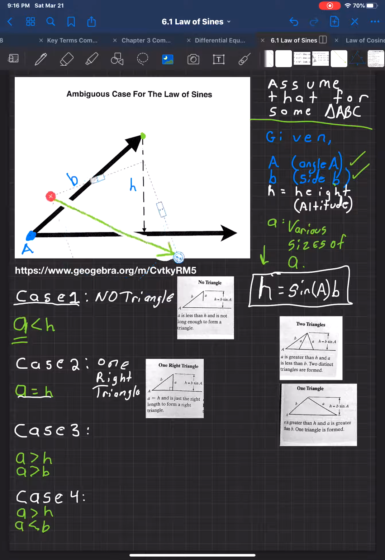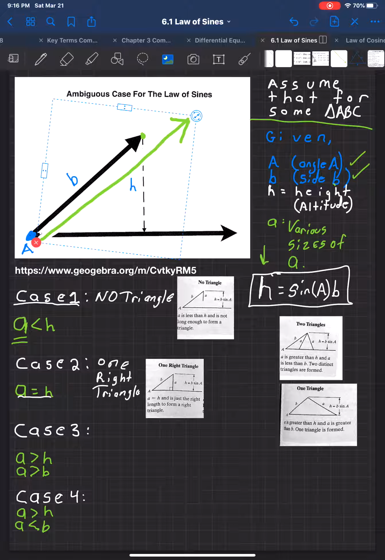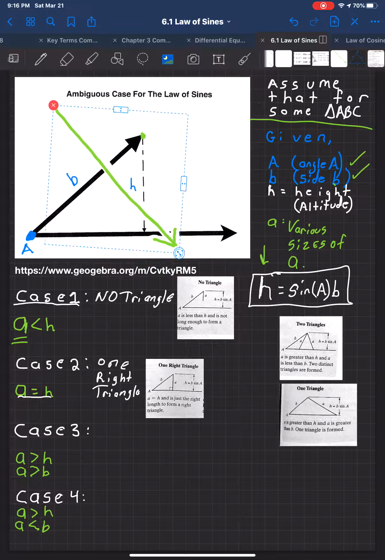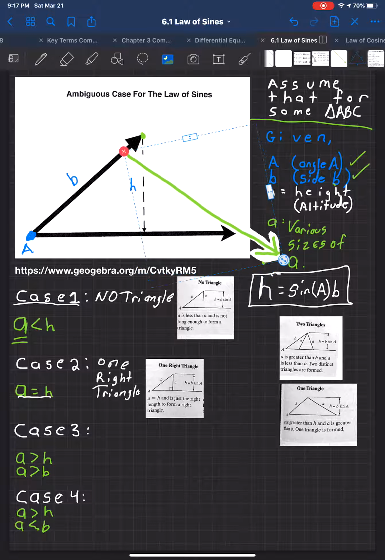I'm going to do my best here. I have no idea if this is going to work out. So clearly that is larger than H, I'm sorry, and it's larger than B.